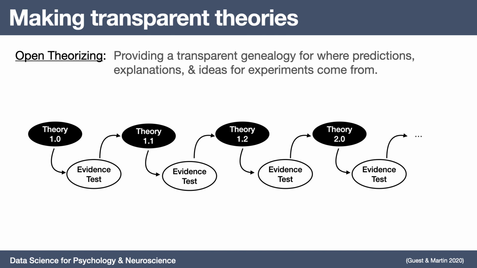Guest and Martin argue that making this process open and transparent, both in communicating how it is done and the means by which it is formalized and communicated, is important for understanding where theories come from, how they originate, and what their constraints are.